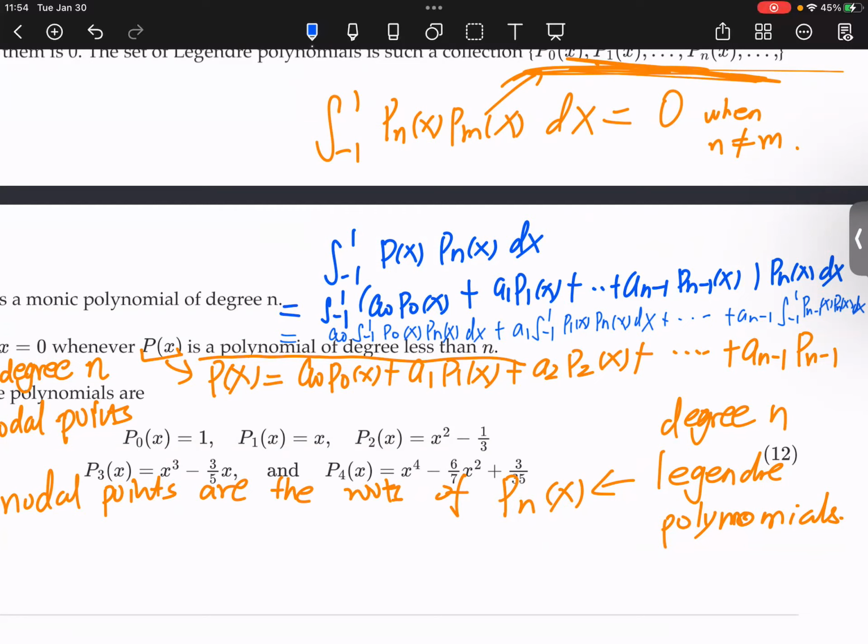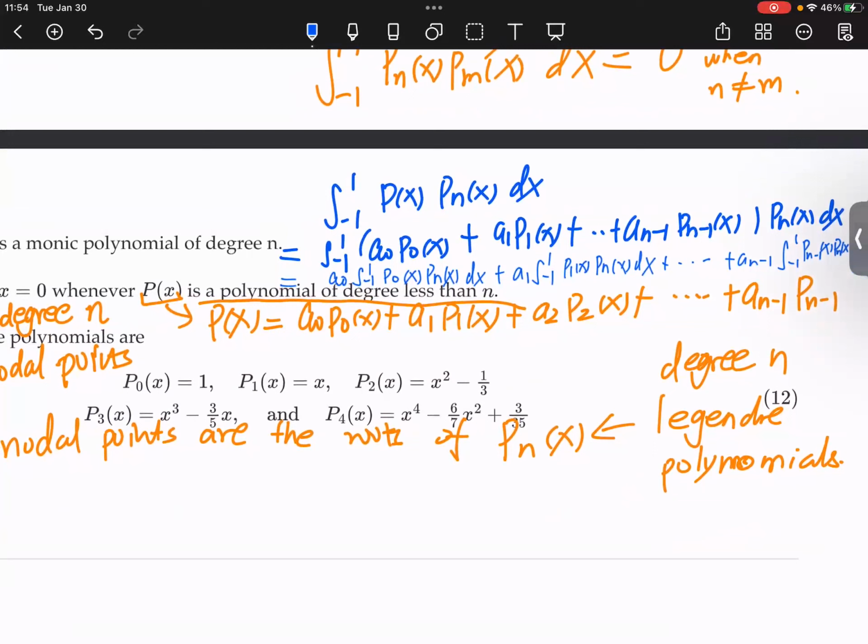This inner product should be 0. Does it make sense? Because they are orthogonal. They are orthogonal, right? So these are 0. That's why we have 0 here.